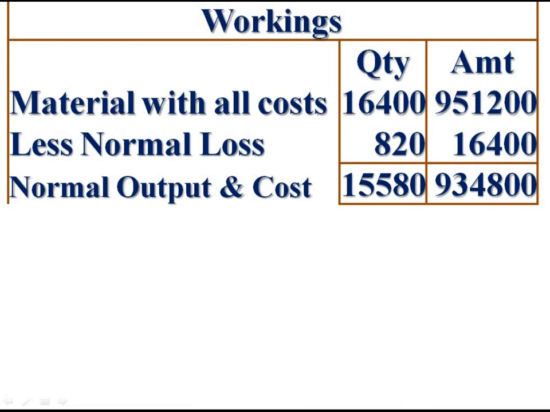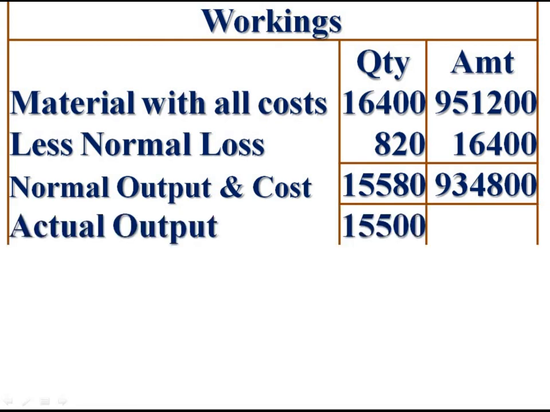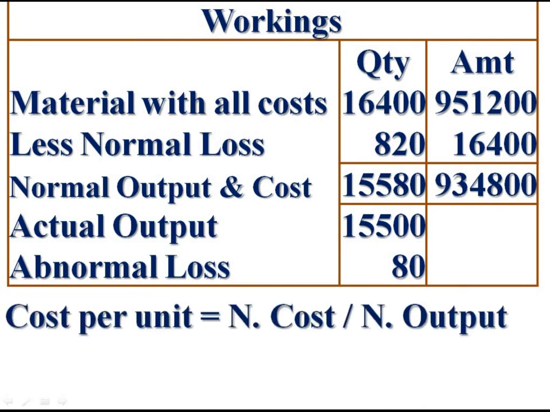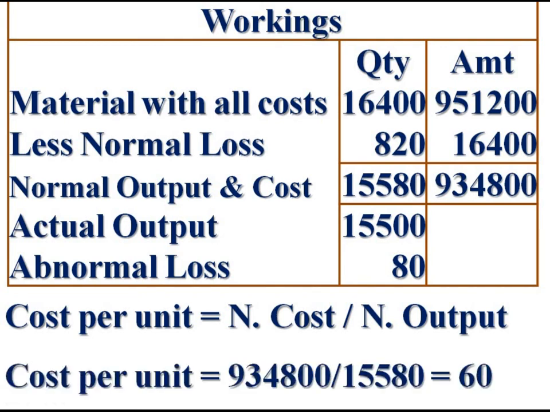Now we get normal output 15,580, normal cost 9,34,800. Our actual output 15,500, abnormal loss 80 units. Then find normal cost per unit, that is normal cost divided by normal output. 9,34,800 divided by 15,580. We get rupees 60.